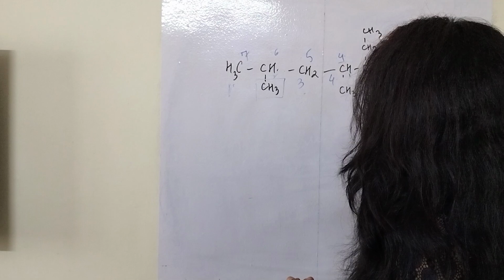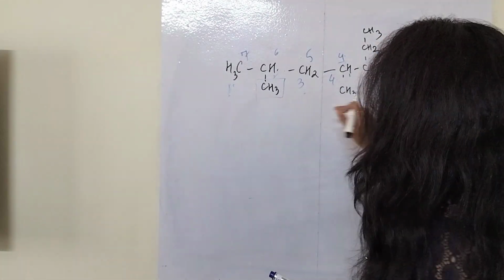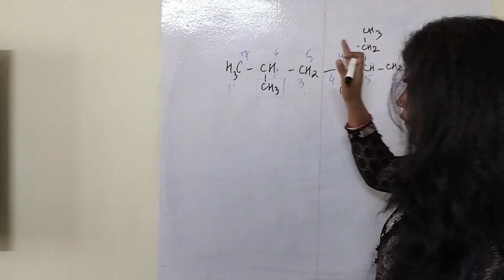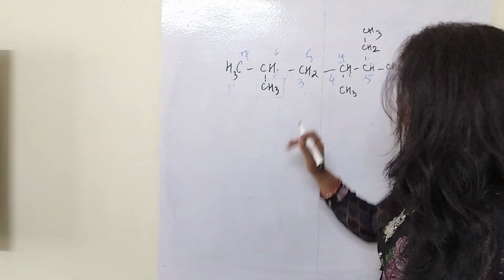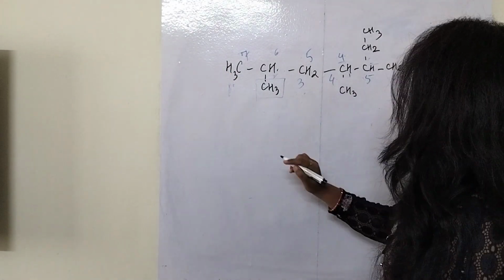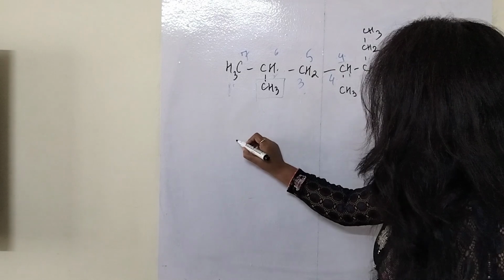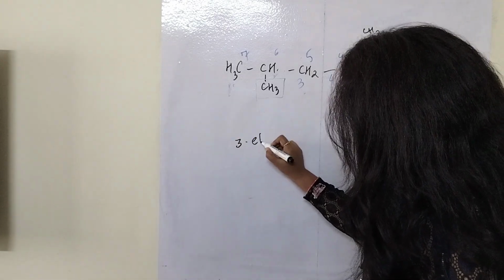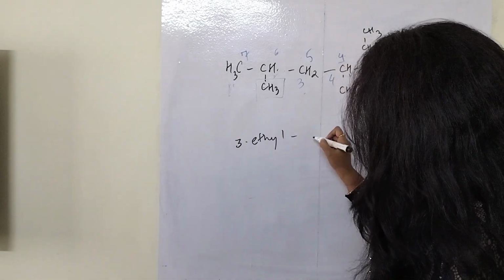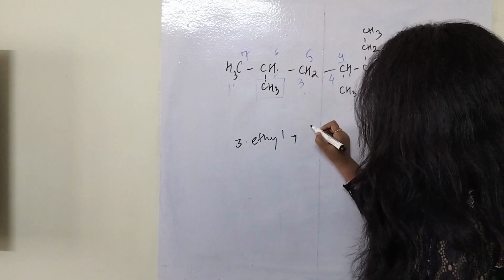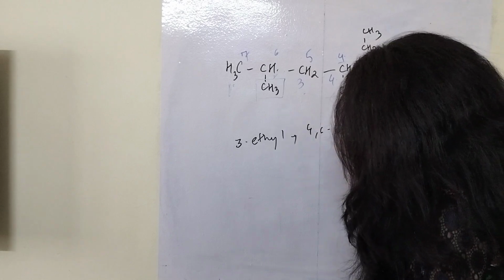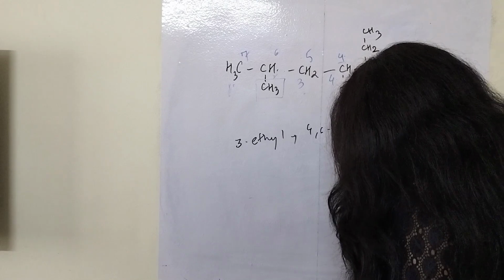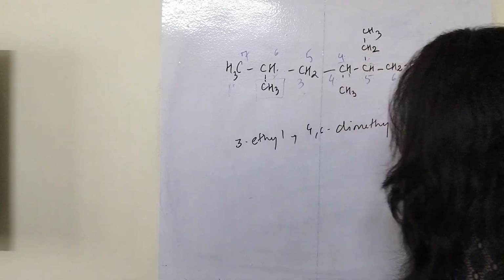I am attaching an ethyl group and 2 are my methyl groups. Numbering will be again from this side only. Okay, and what will be the name of this molecule? It will be 3 ethyl, then 4 6 dimethyl heptane.